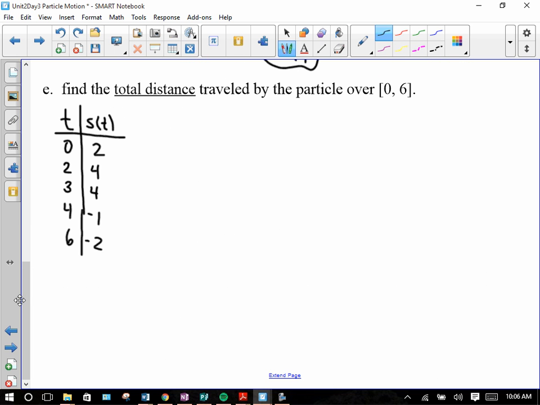So that's the distance of 2. That's the distance of 0. This is the distance of 5. You have to go from 4 to 0, which is 4 spaces, then 1 to 0. So that's 5. This is the distance of 1. So 2 plus 5 is 7, plus 1 is 8. So it's 8. This is the total distance.